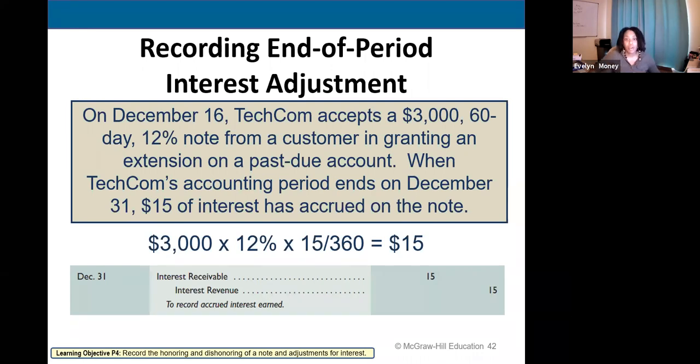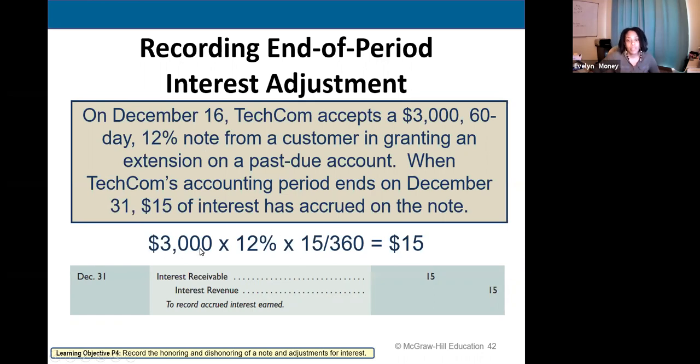We get to December 31st, and there is interest that we have earned. We have to count how many days there are from December 16th through December 31st, not counting the first day. So don't count the first day. The easiest way to do this is take the difference between 31 and 16, the difference between the dates here, and we come out to 15 days.